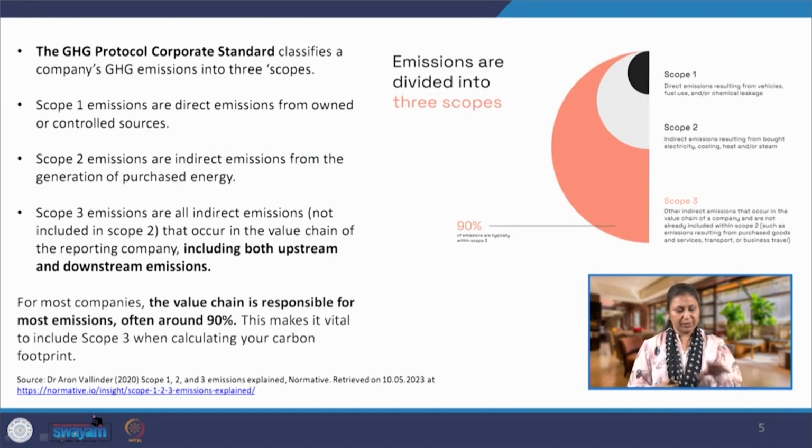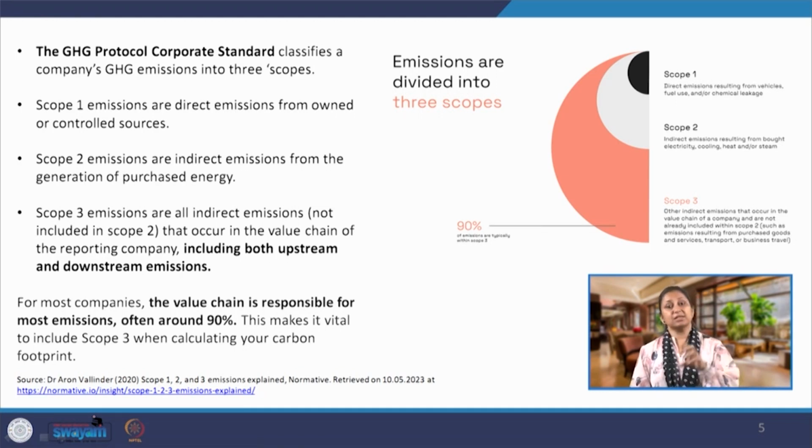So, quickly giving you an overview, the GHG protocol, the corporate standard we are talking about, classifies the company's GHG emissions into 3 scopes, scope 1, 2 and 3, as I had told you towards the end of yesterday's lecture also. Scope 1 is the direct emission from owned or controlled sources.